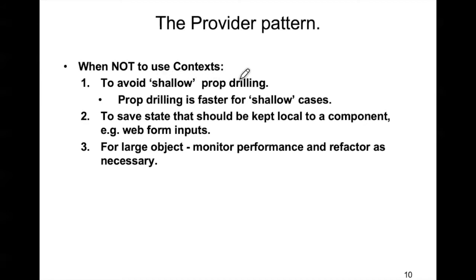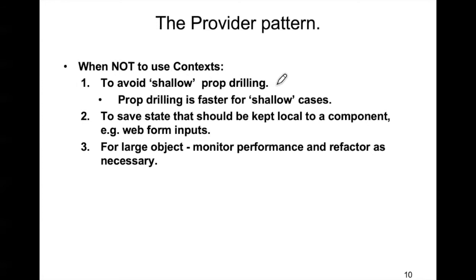Because as it turns out, the provider pattern can be inefficient in some cases. In other words, the context can be an inefficient way of dealing with global state in some cases, and in particular in this case when you've got shallow prop drilling.